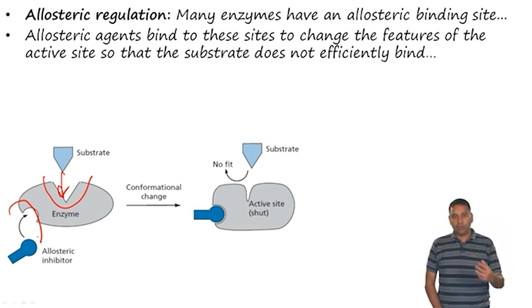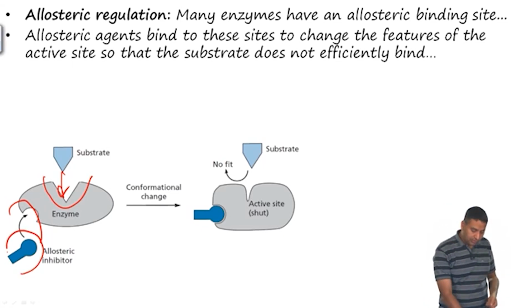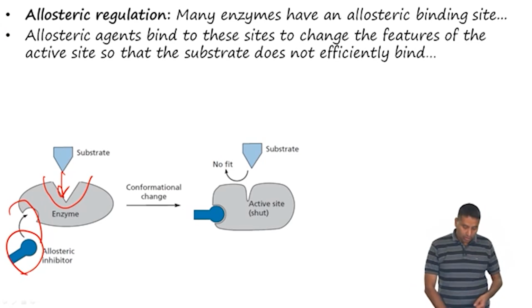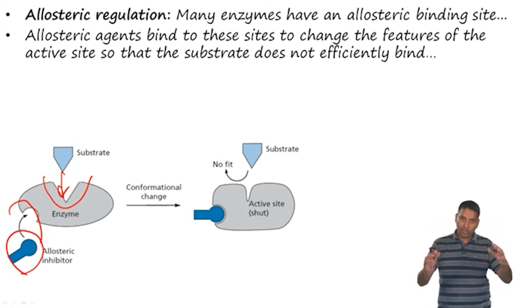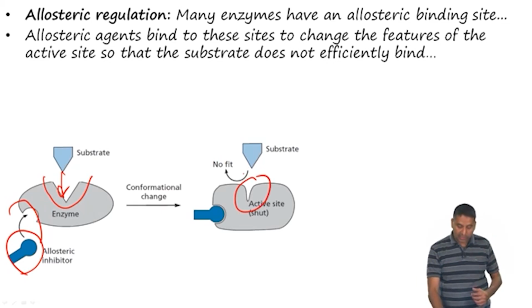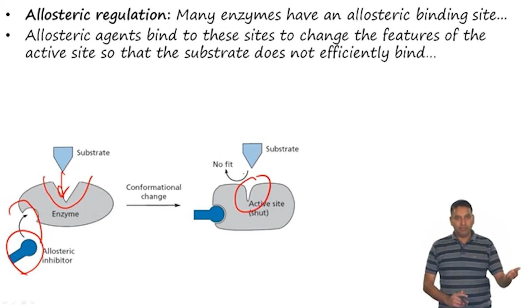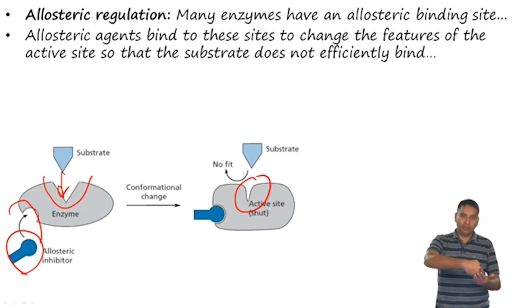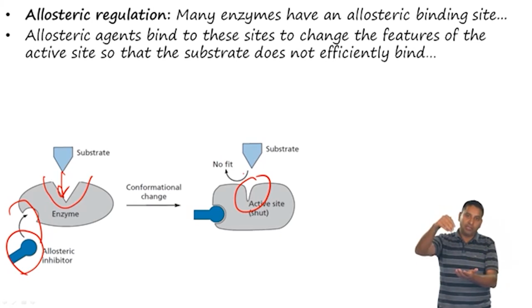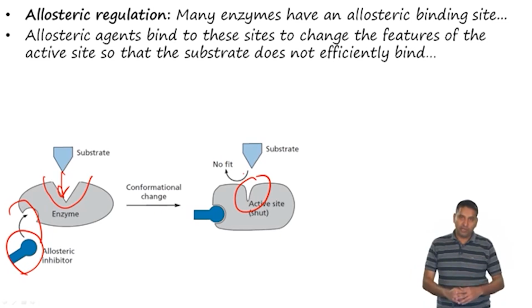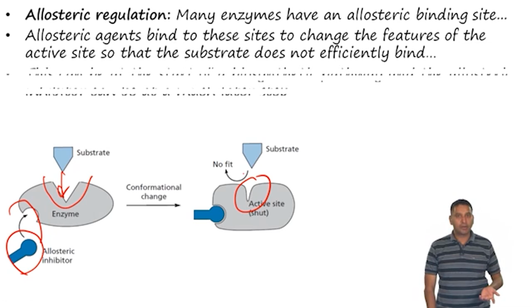If we want to regulate the activity of this enzyme, an allosteric inhibitor needs to go and bind to the enzyme. Once it binds, you have a conformational change and the active site is blocked. So, previously the substrate used to bind to the enzyme active site, but since the conformational change has occurred, the substrate does not bind anymore, there is no fit, and therefore the enzyme can be inhibited or regulated.